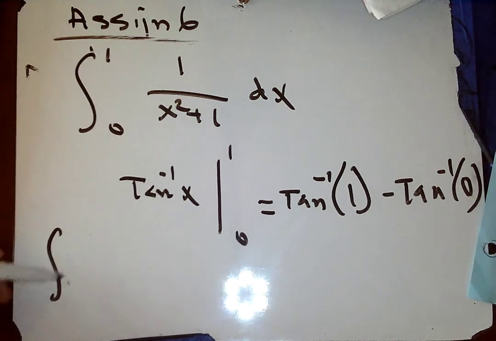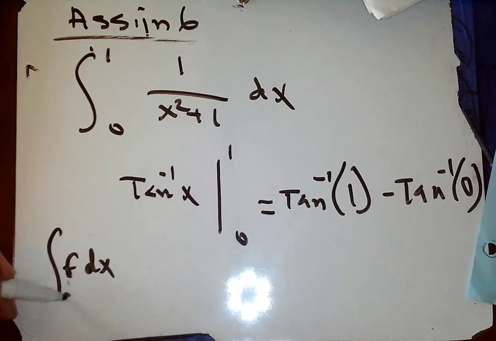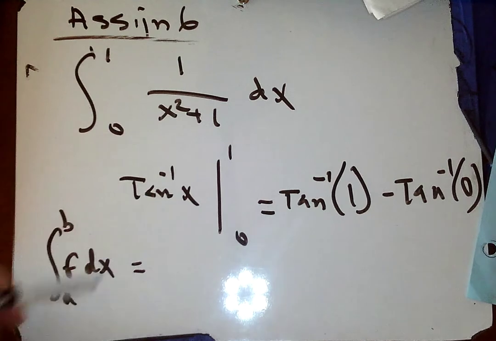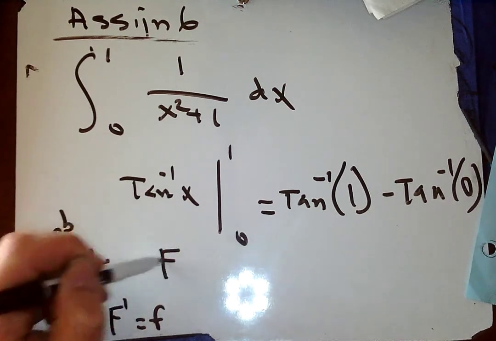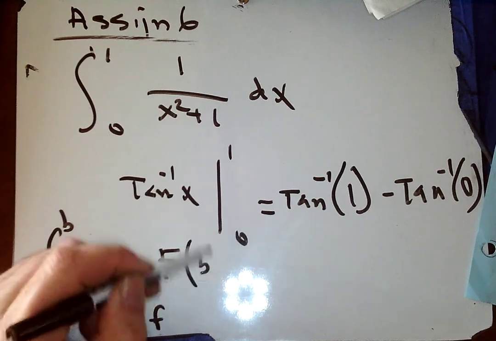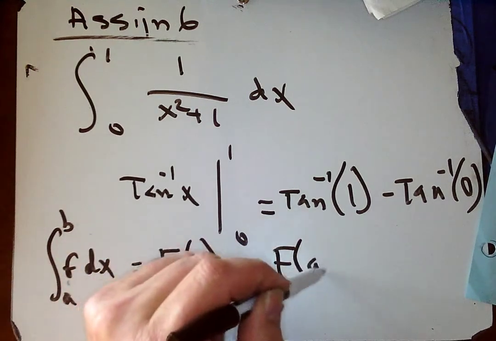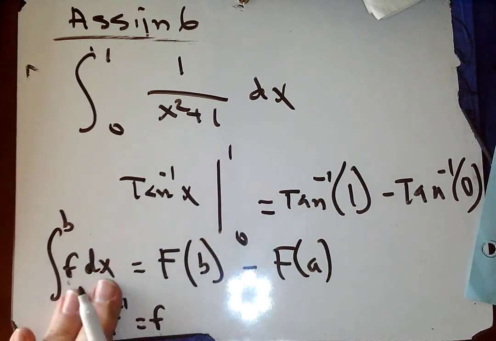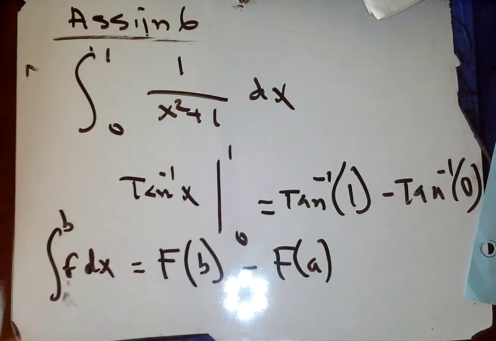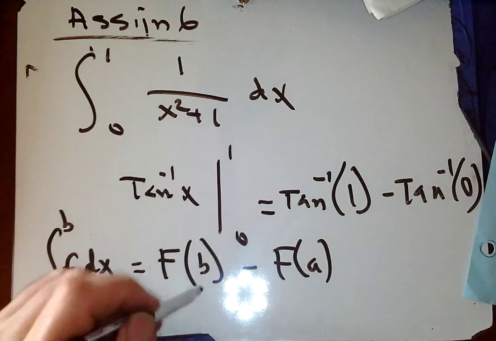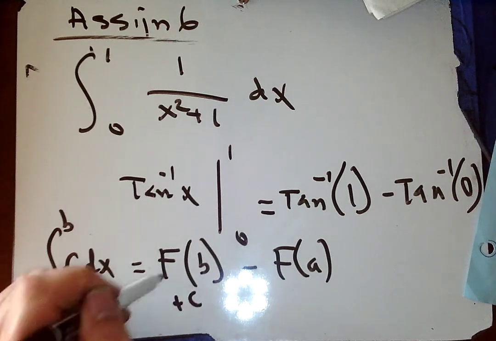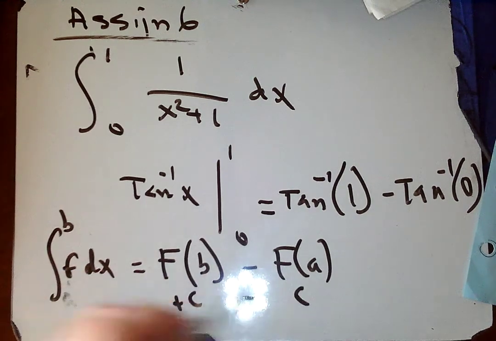If we've got the integral of f dx from a to b, and we know that big F prime equals little f, then we can say big F of b minus big F of a. But remember, when we do that, the antiderivative is going to have a plus c. But always the plus c on this one and the minus c on this one will cancel.